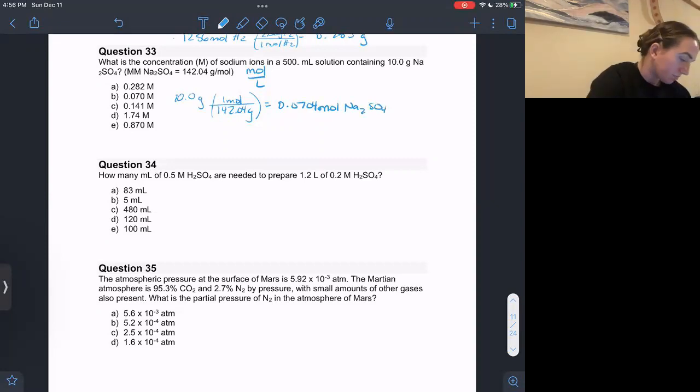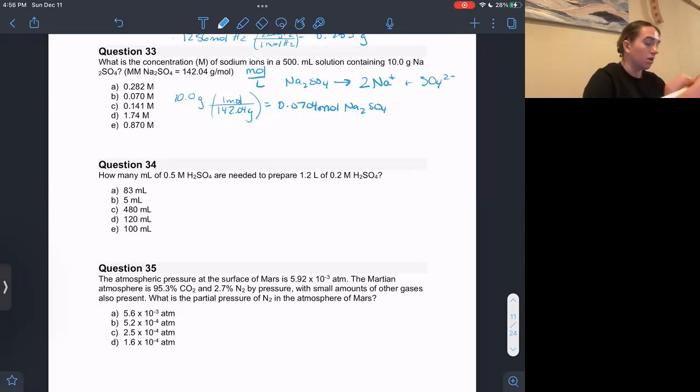If I'm looking at this in terms of a reaction, if that becomes aqueous, Na2SO4 will split up into 2 sodium ions and 1 SO4 2- ion. So my molar ratio is 1 to 2. If I convert this to moles of sodium, I have 1 mole of Na2SO4 to 2 moles of sodium, so I'll multiply this by 2.